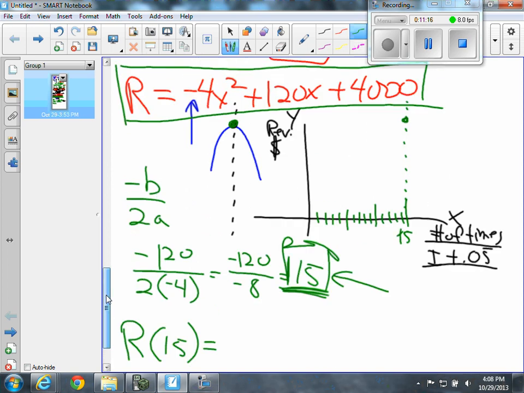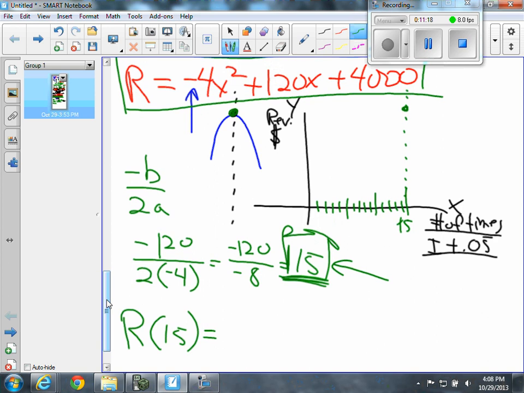So that is equal to negative 4 times 15 squared plus 120 times 15 plus 4,000.